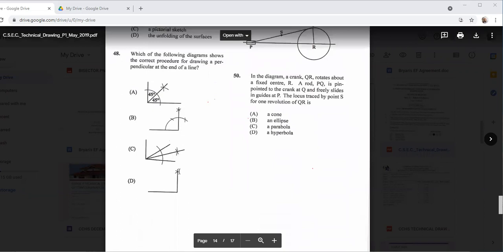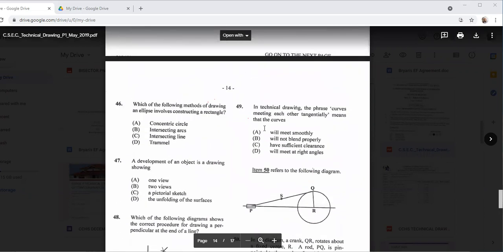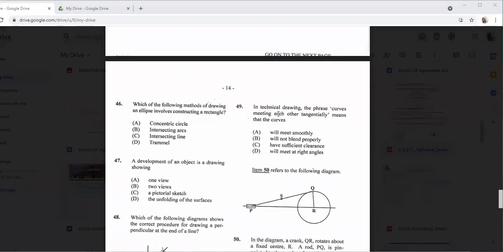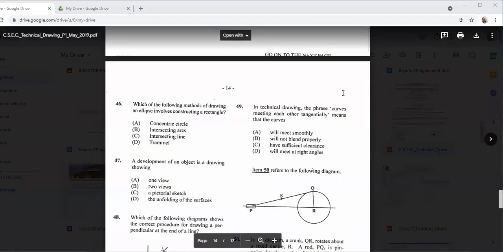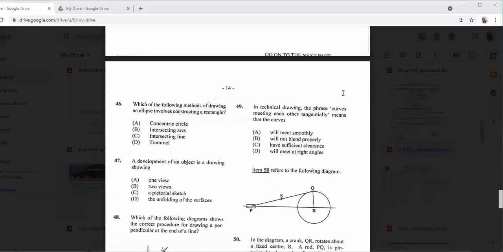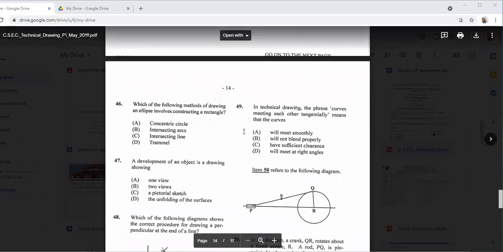And again, this was among those that we looked at earlier on. 49. Sir, A. Yeah. A. Yep.